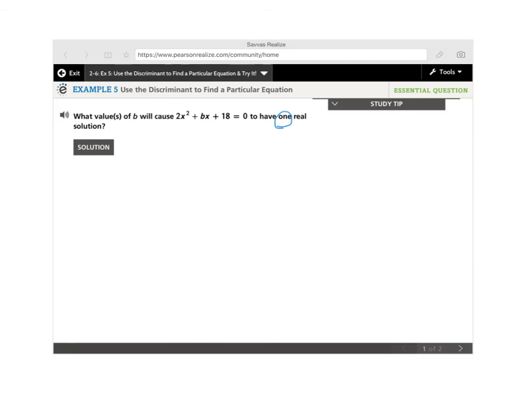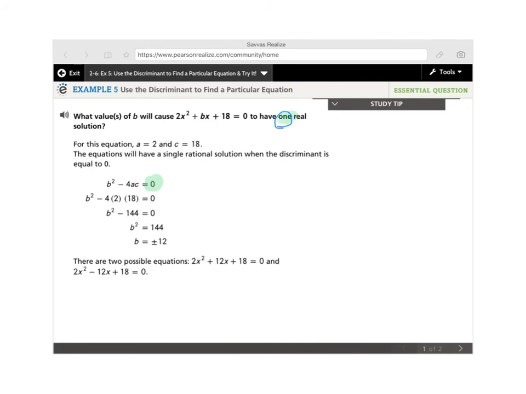So with that, we return to the original equation, find out a is 2, c is 18. I plug it into b squared minus 4ac equals 0, because when I force the discriminant to become 0, that's when I have only one real solution.